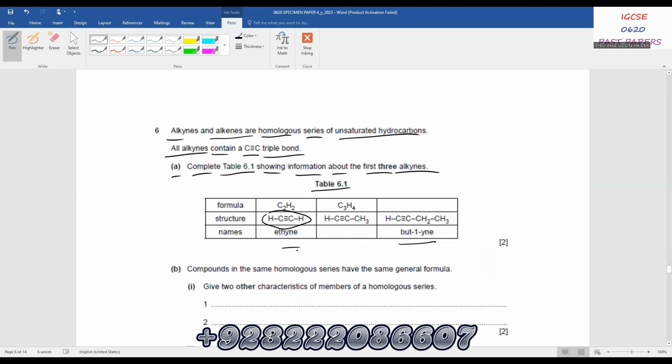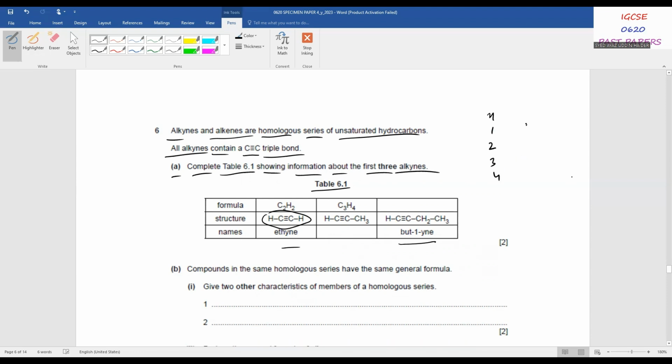Recall the names for alkanes. If you know the value of n, 1, 2, 3, 4. We have methane. So you'll write meth. Ethane, so you have eth. Propane, you have prop. Fourth one, but.